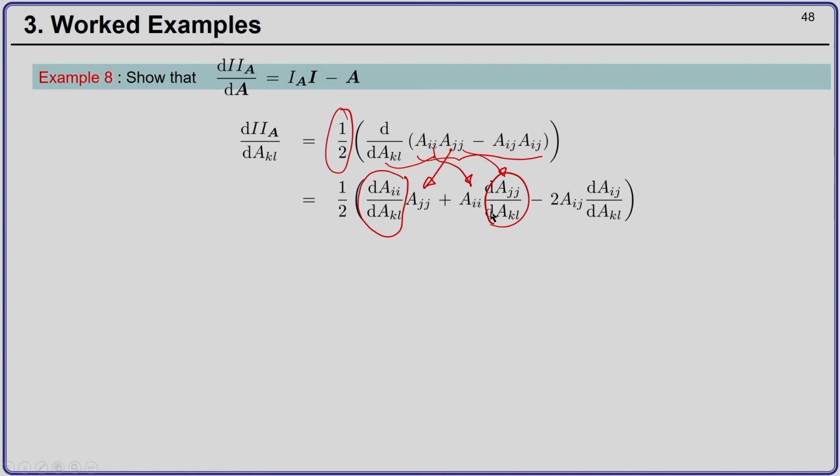That is the first term when the derivative is taken with respect to A_kl, and then the second term you have 2 A_ij.